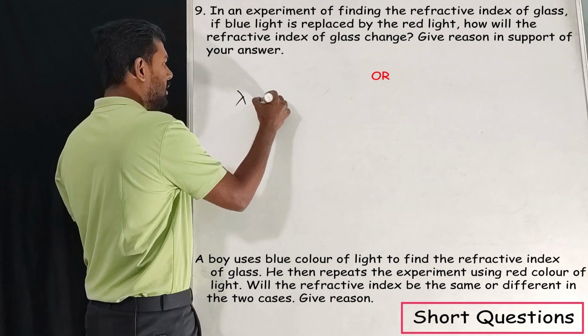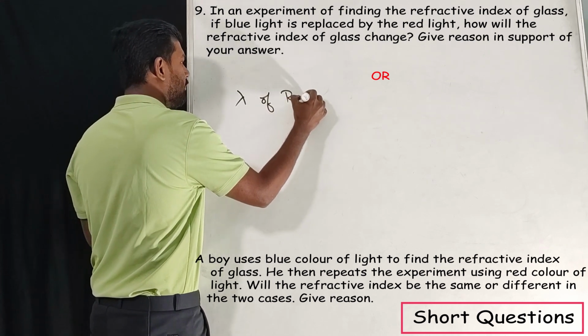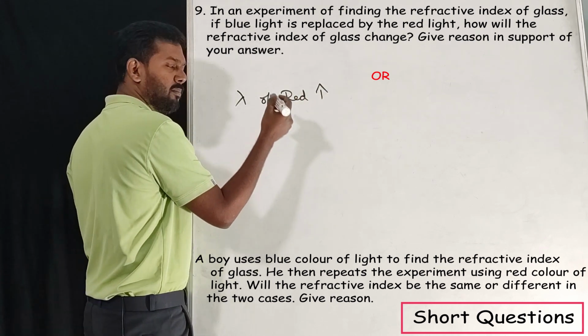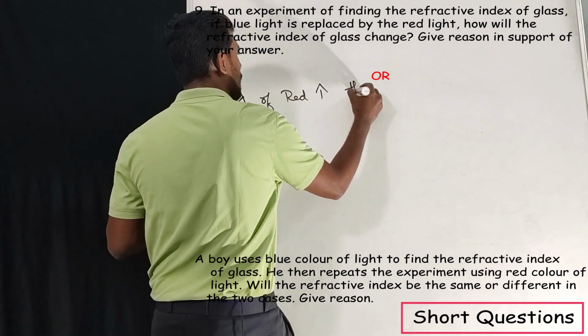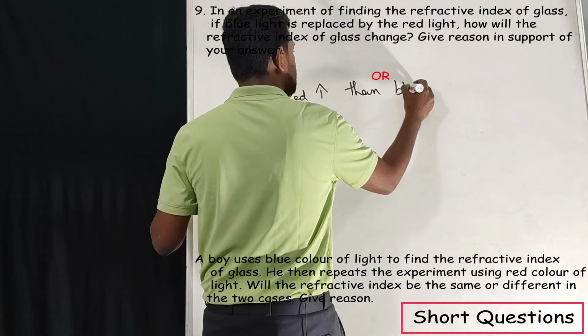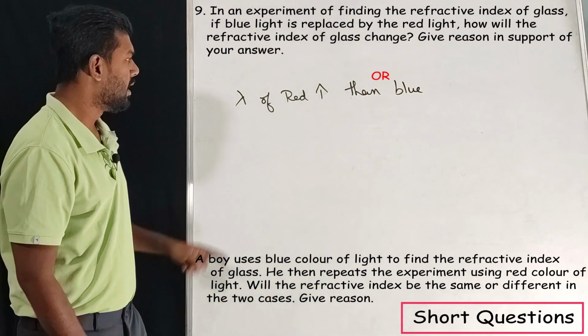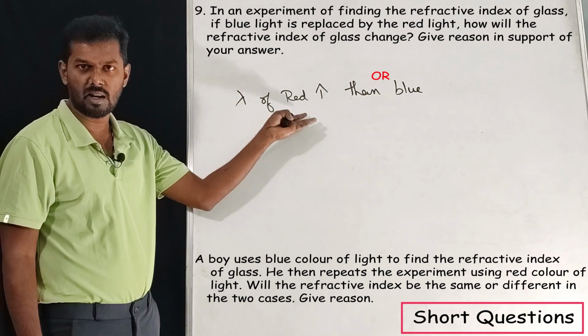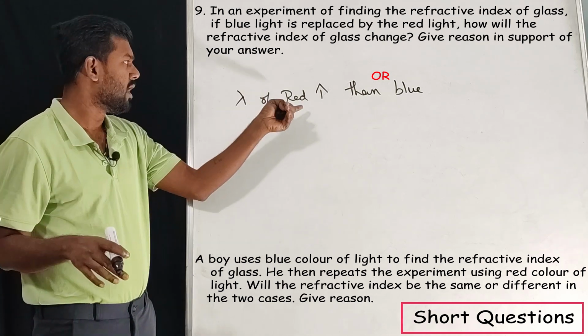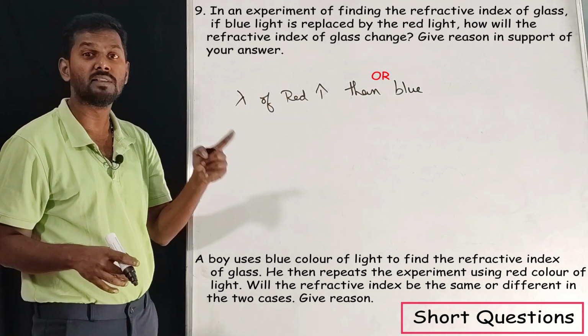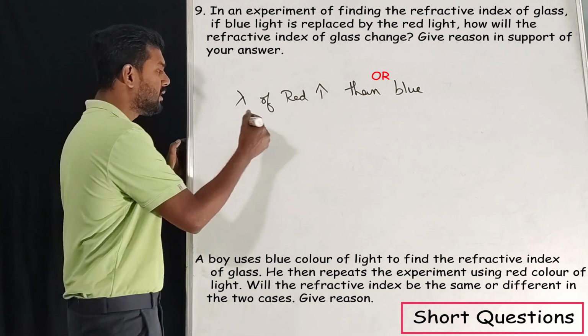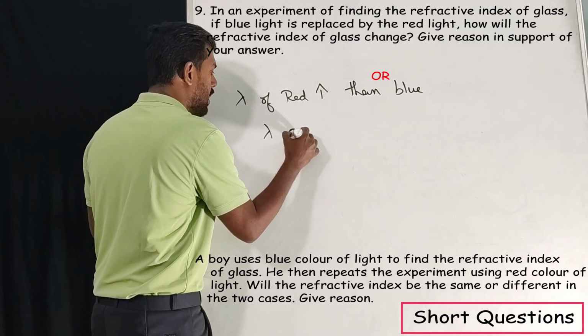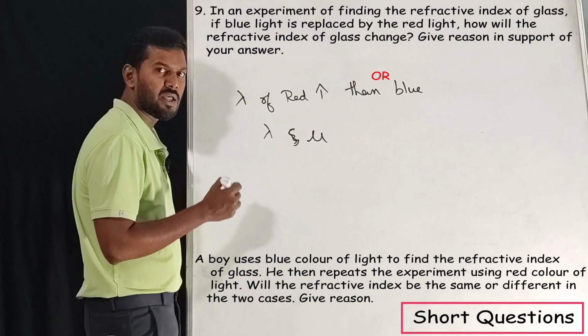The wavelength of red is greater than blue. This you should know. Of all the colors, red has the maximum wavelength. That means how are wavelength and refractive index related?